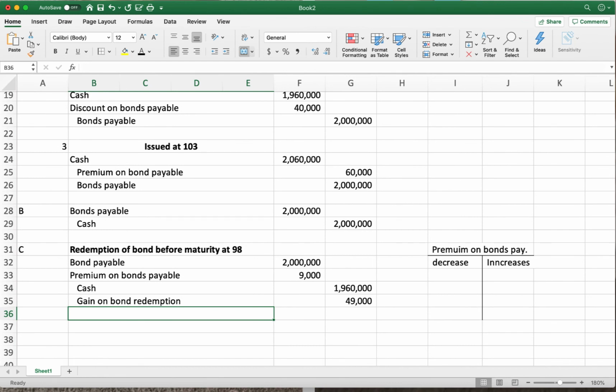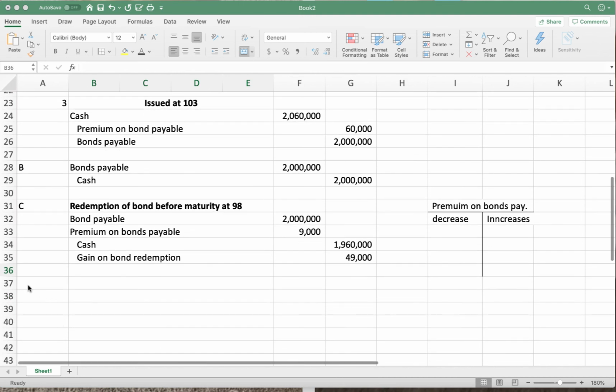Now let's look at part D. Part D says prepare the journal entries to record the conversion of the bonds into 60,000 shares of $10 par value common stock. Assume bonds were issued at par. Okay. So if we assume that the bonds were issued at par, we don't have any premium or discount to worry about, right?